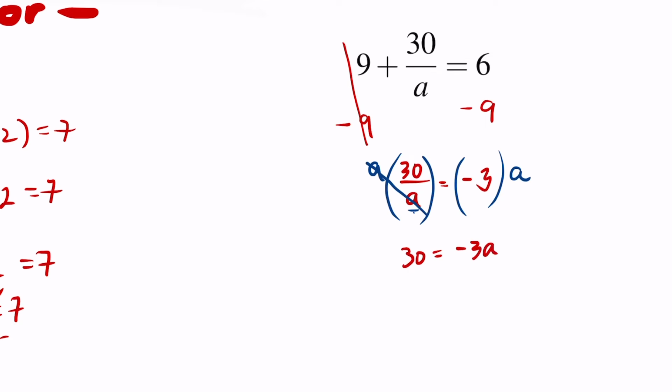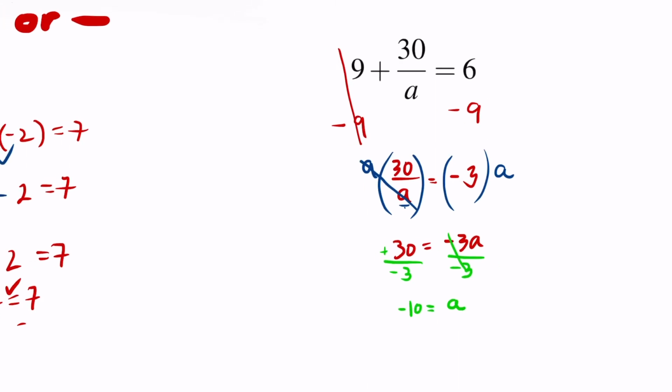Okay, so how do we get rid of the negative 3 so that a is by itself? We divide by negative 3, divided by negative 3. So you're left with a is equal to positive 30 divided by negative 3 is negative 10. So let's check by substitution.